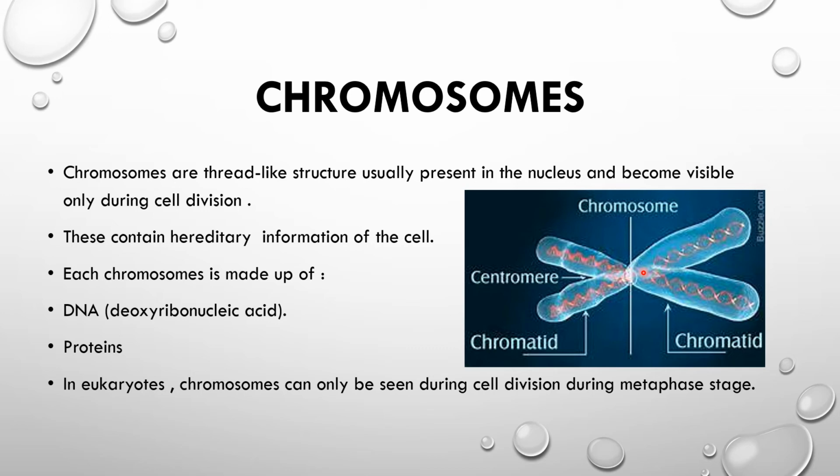So the chromosome has arm-like structures, that is the chromatids. In the center you have a constriction, that is the centromere, and they are made up of DNA and proteins.